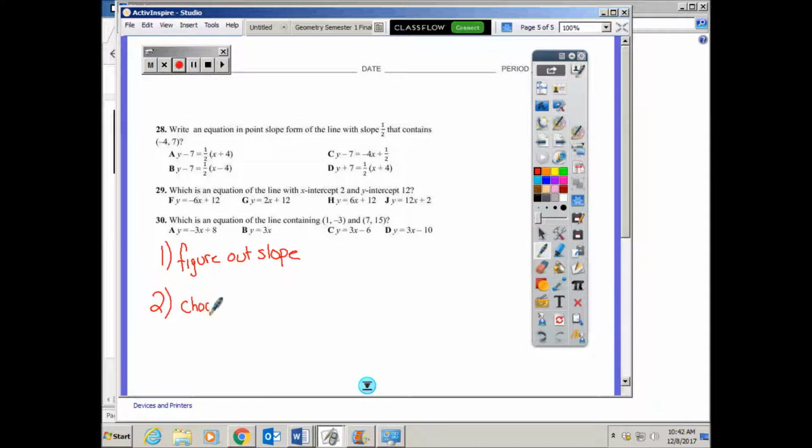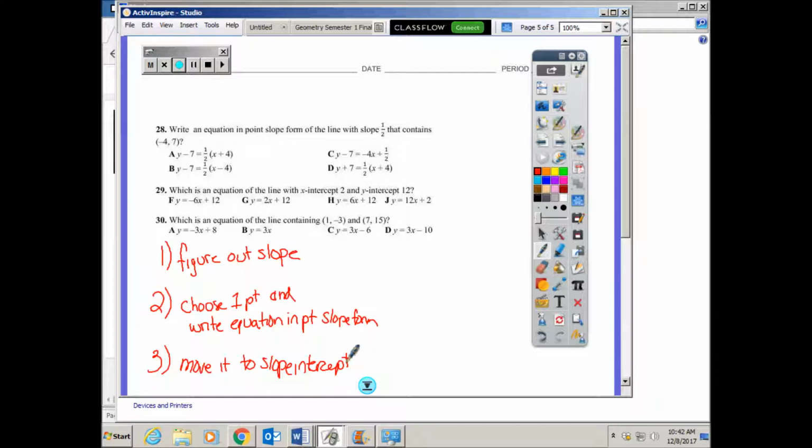So choose one point and write the equation in point slope form. And then you're going to move it to slope-intercept.